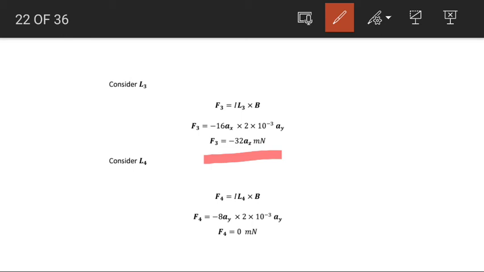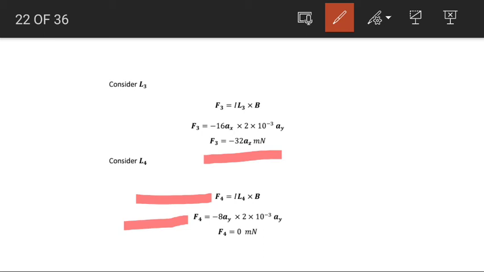Then we consider L4. So the force on this side will be equal to IL4 cross B. If we multiply L4 by the current, we get minus 8 AY cross the magnetic flux density, which is 2 into 10 raised to power minus 3 AY.